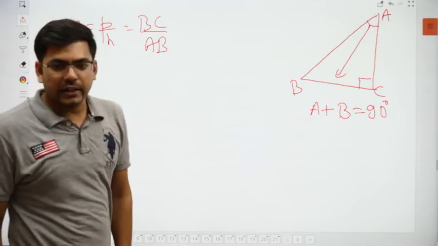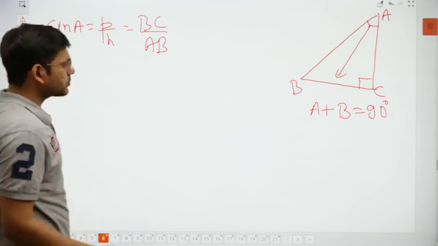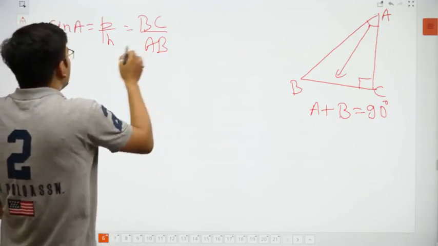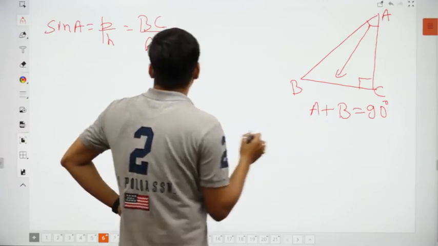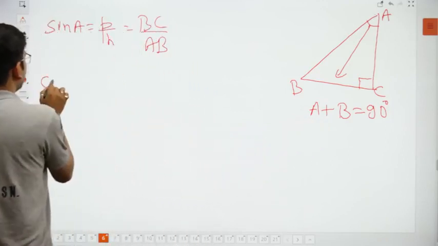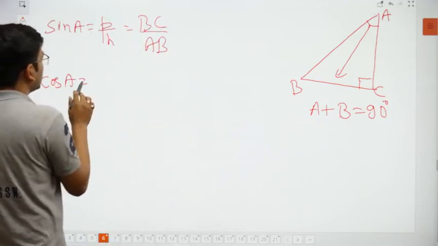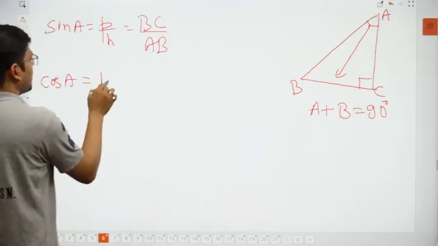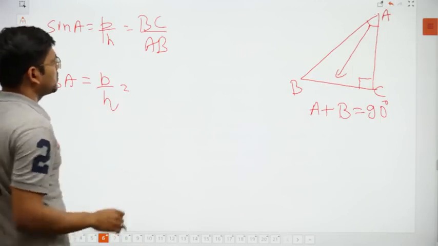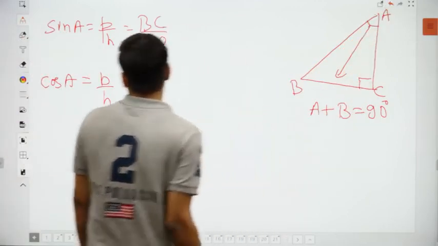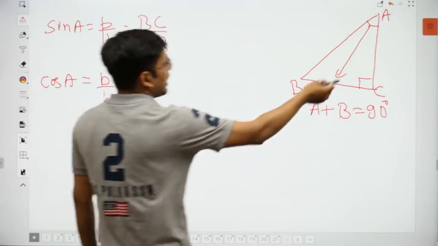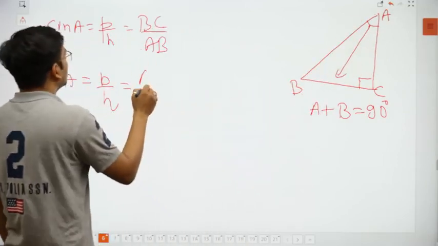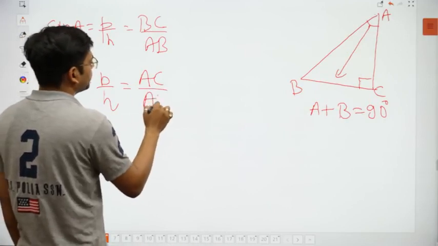Now, if I write it like this, say for example I want to write cos A. Cos is base upon hypotenuse, so if this is the perpendicular side, then base will be AC upon AB.